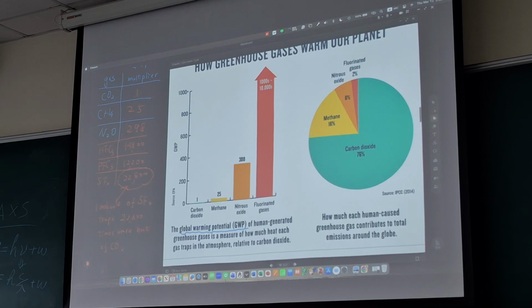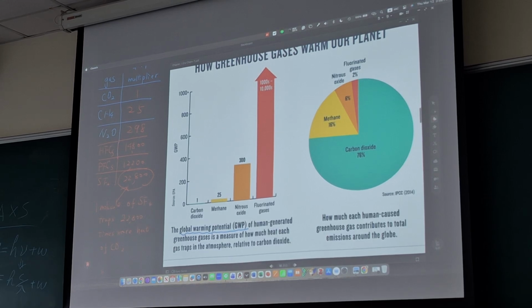Okay, so it's a very severe greenhouse gas.